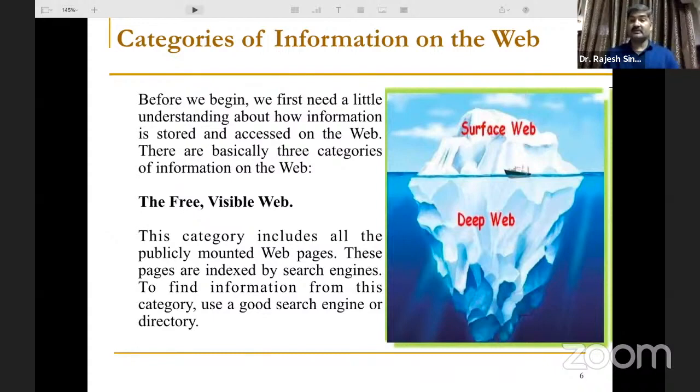The third component of the search engine is the search software, through which we put our query for search. That search window is the third component of a search engine. So what is visible web? The visible web is that part of the web which is indexed by individual search engines like Google.